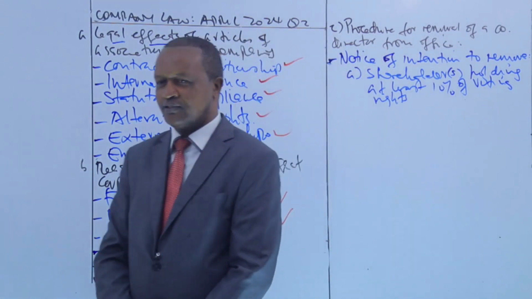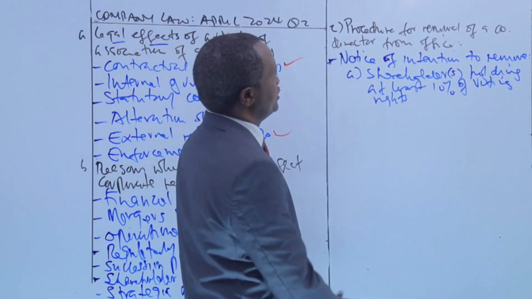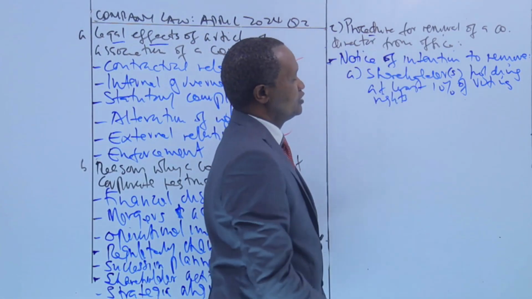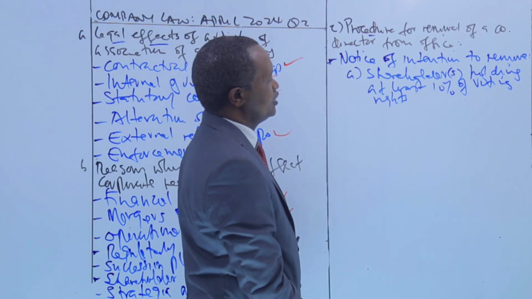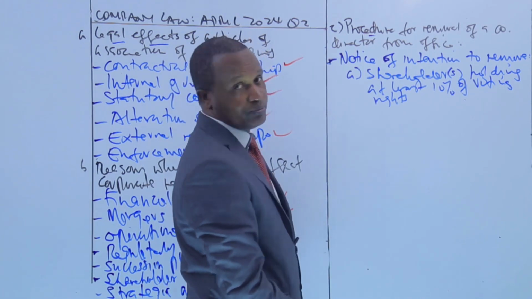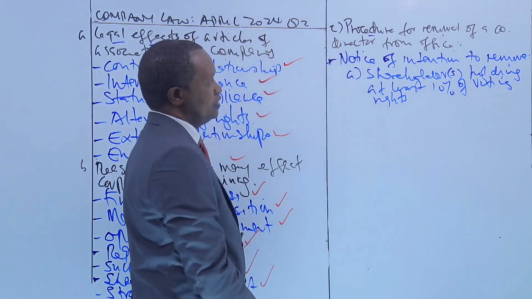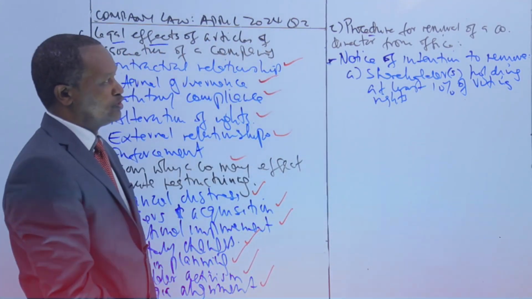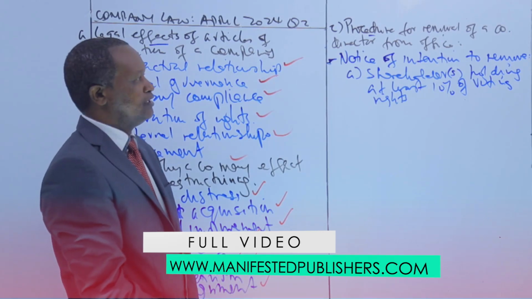Candidates, we are discussing the procedure. It is not like some of you are stating that a notice will be given, then a meeting will be called, then a director will be removed. No, there has to be notice of intention to remove, and not anyone can just give this notice.